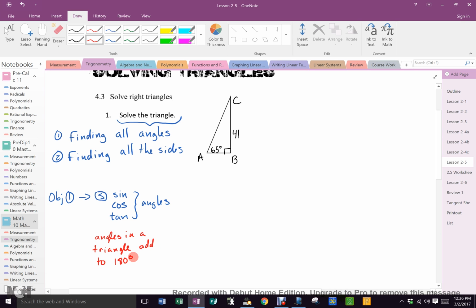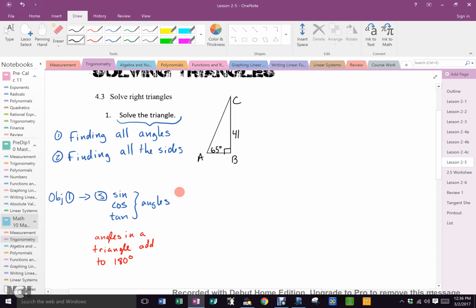So if you know any 2 angles, do you know the third? Why? Add them up and subtract. Since we're doing trig, we always have a 90-degree angle, don't we? So we really only need to do 90 minus that angle, don't we? Because 90 degrees is taken up right there. Those are the 2 things you are going to need to do to find angles.